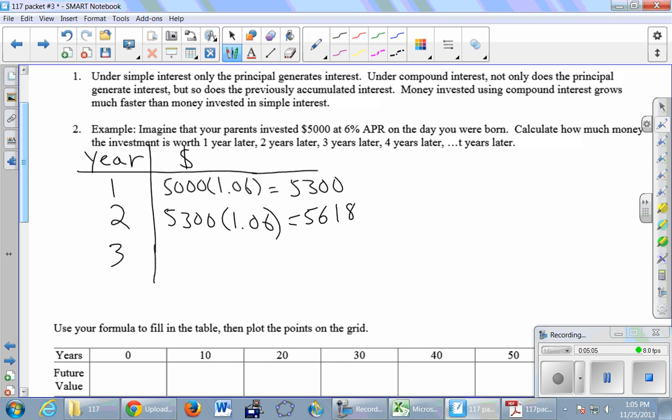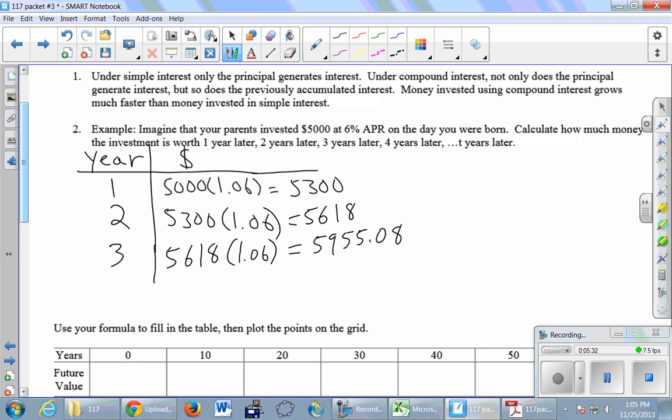What's the new number? 5,618 times 1.06. Let's write this one with all the decimals. Any questions on this idea of just keep multiplying by 106%?